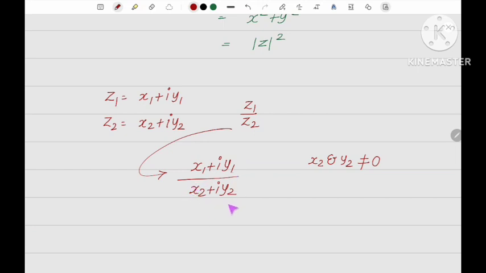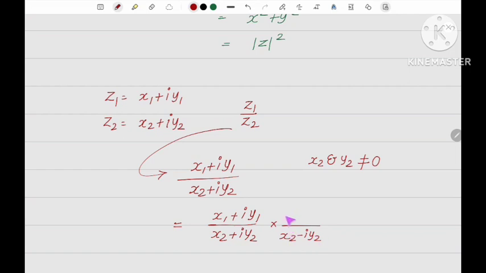Whenever you get a complex number in the denominator, the very first thing you have to do is make the denominator real. And how do you make the denominator real? By multiplying this complex number by its conjugate. So this is the second step. You have x1 plus iy1 divided by x2 plus iy2, and you are going to multiply by the conjugate of the denominator, x2 minus iy2.